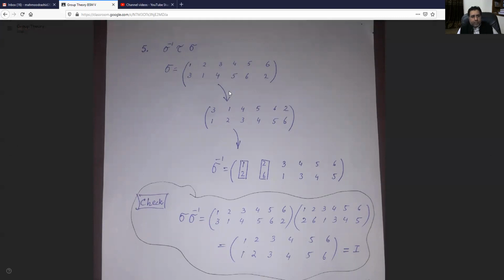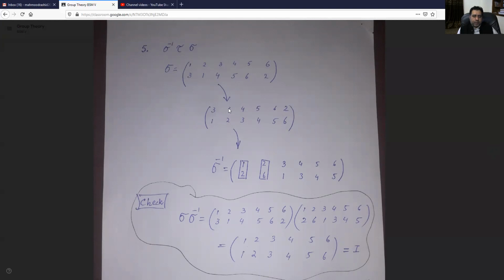Remember from my last video, there is an intermediate step to compute sigma inverse. Just flip these rows, swap these two rows. The first row becomes the second row, and the second row becomes the first row, and then the inverse of sigma is obtained from this intermediate step just by arranging the columns.